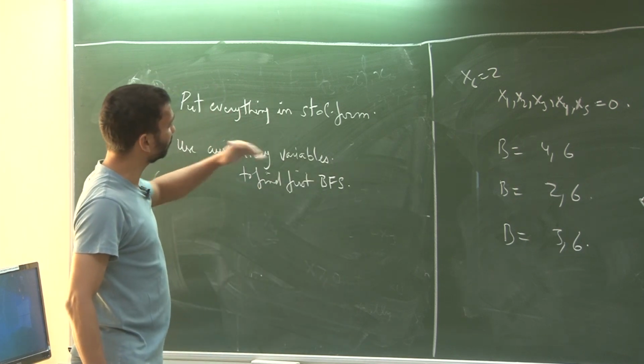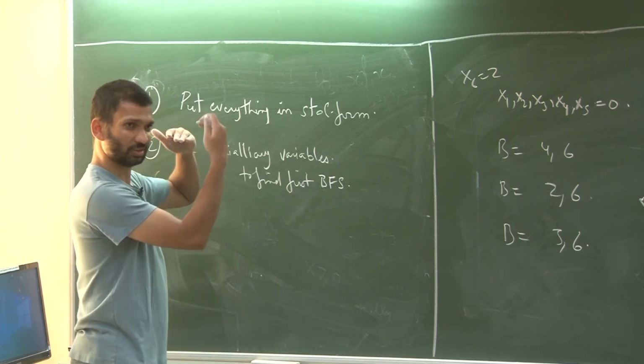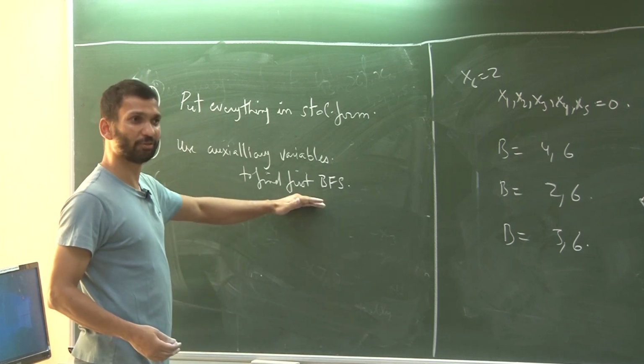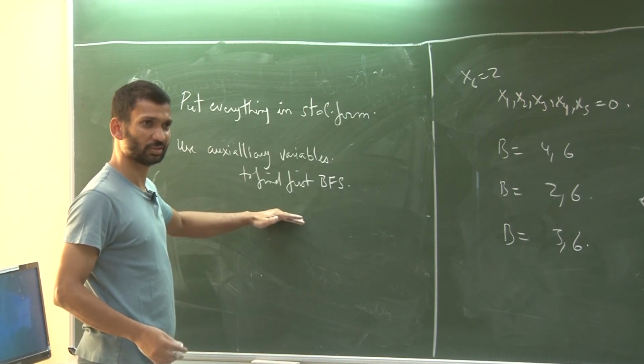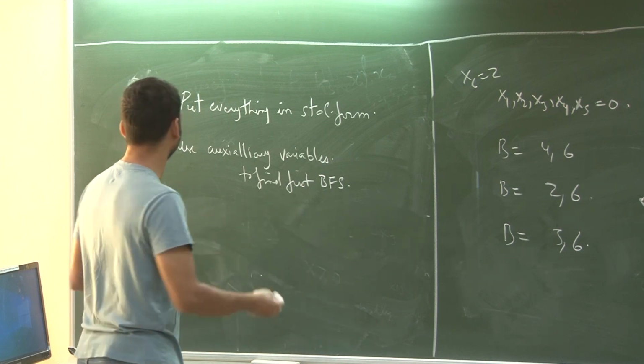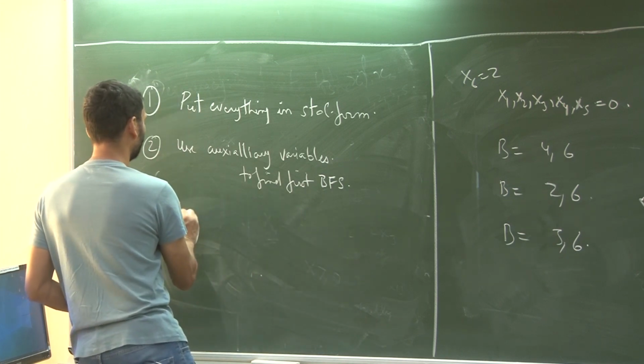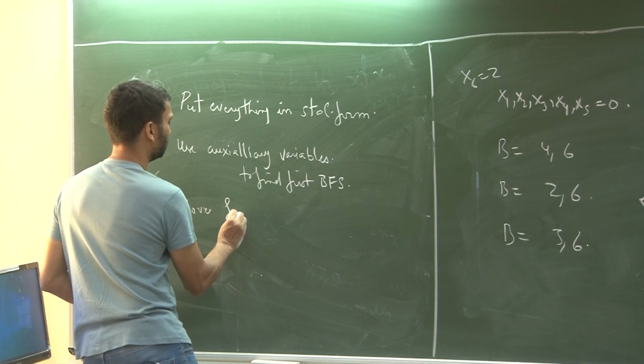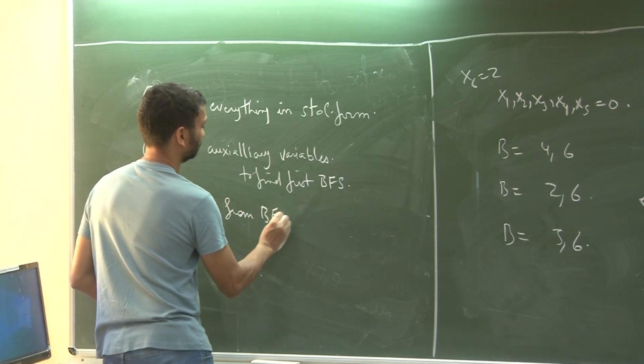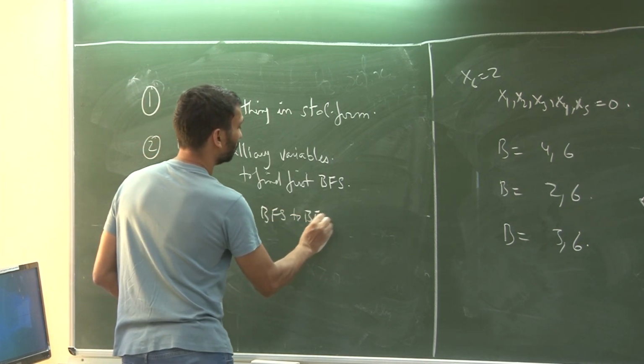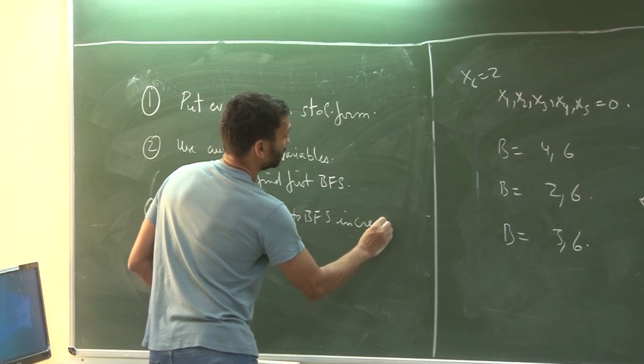So you use auxiliary variables for, let's say, each equation, change your objective function, and solve the different LP to find the first BFS. You are convinced that this works, right? Then move from BFS to BFS, increasing the objective value.